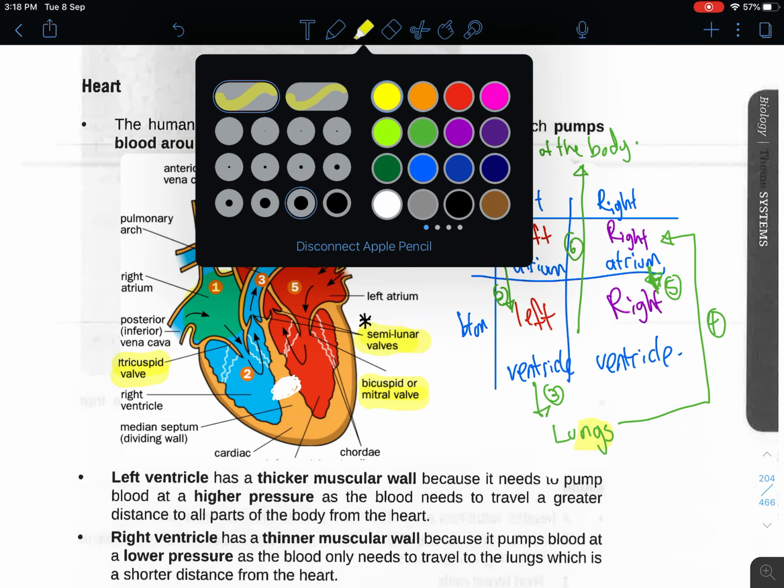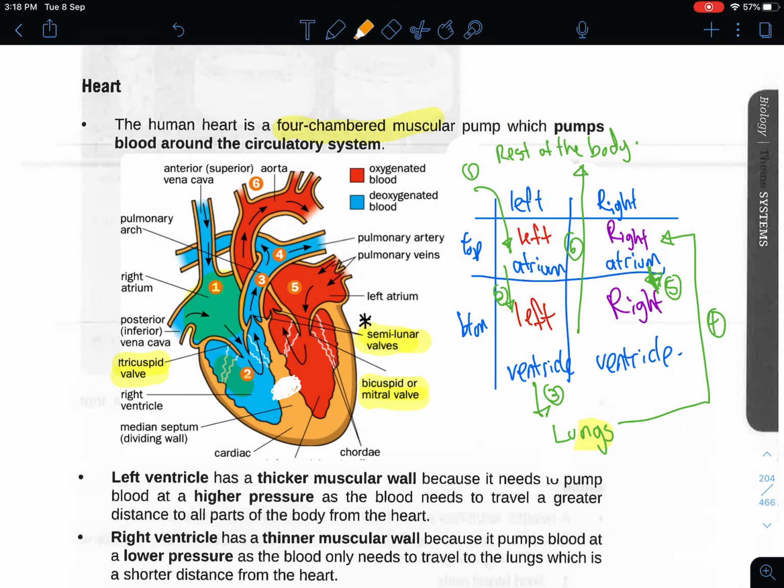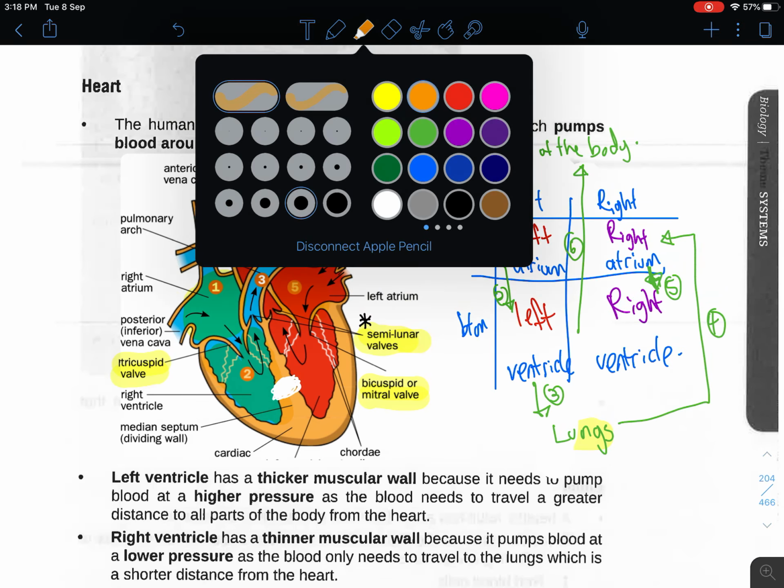Followed by number 2, it's orange. This will be where the right ventricle is. They will then pump to the lungs and later re-enter at number 5.